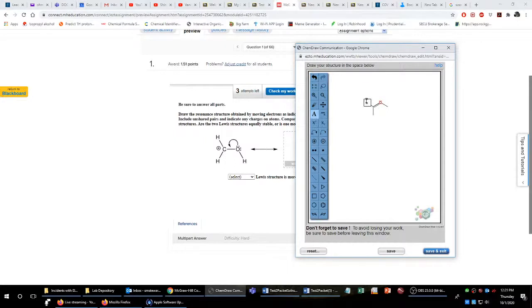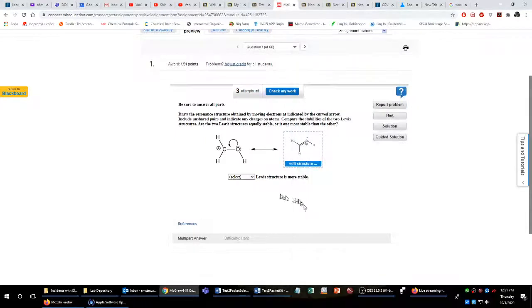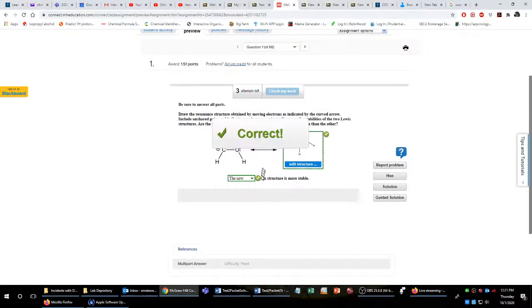We got hydrogen, hydrogen, hydrogen. We're going to put our lone pair on oxygen, and we're going to put a positive charge on it. Save and exit. And I'm going to say the one that's more stable is the one that satisfies the octet rule. So I'm going to say the new one. Let's see if I'm right. Yep. So let's go to the next one.